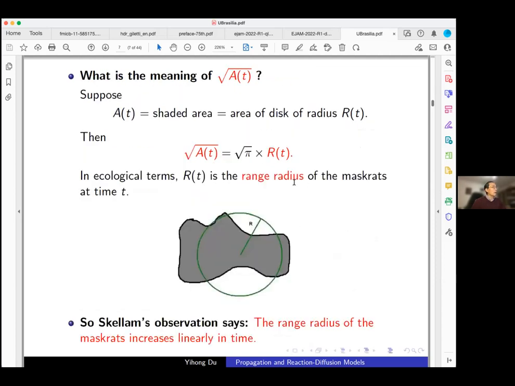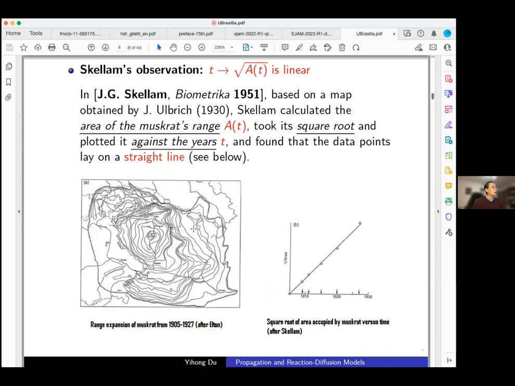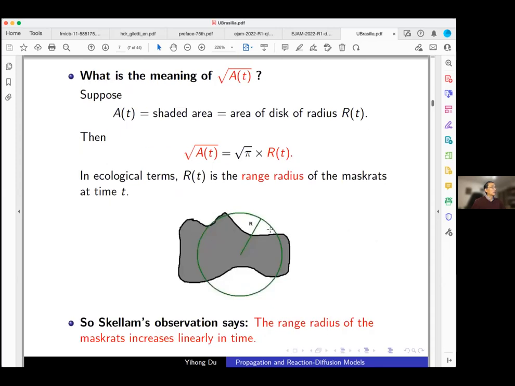But why the square root of A? Well, if this shaded area, for example, is one of those enclosed by the observed closed curve, and if you draw a circle including the same area, then the radius of the circle, of course R depends on T, has an ecological meaning. So this R is called the range radius.